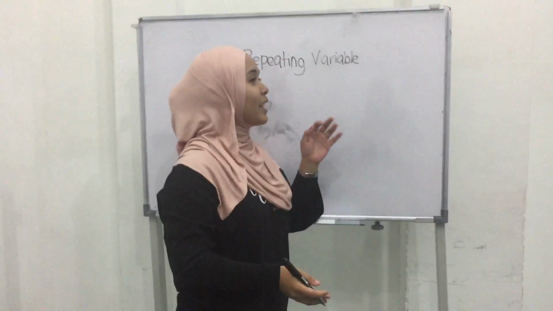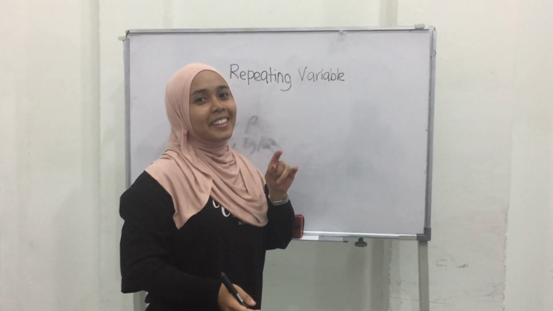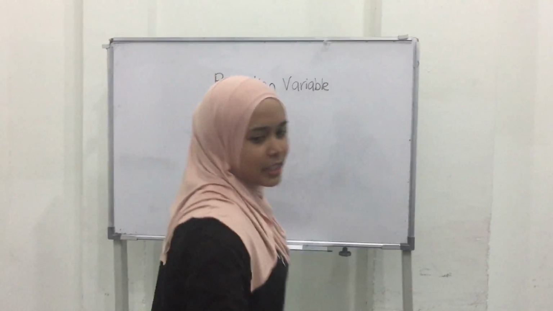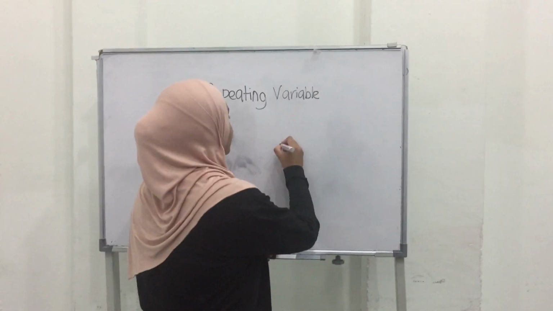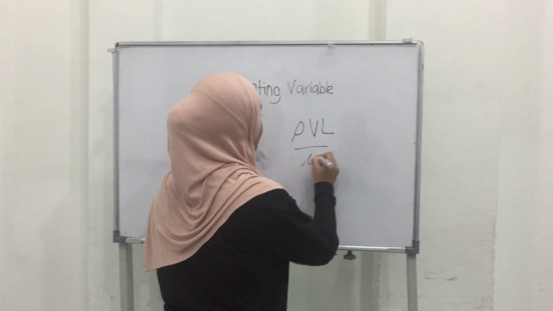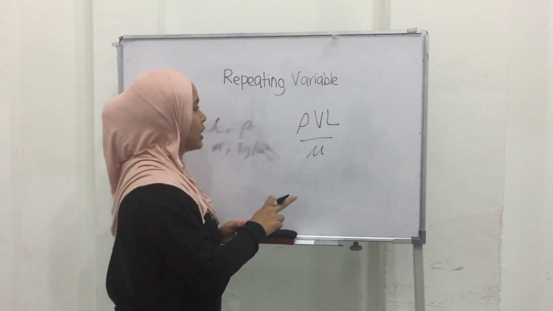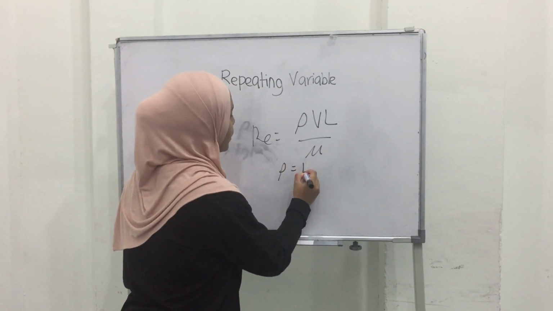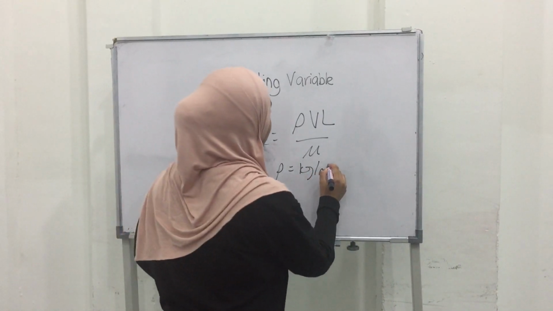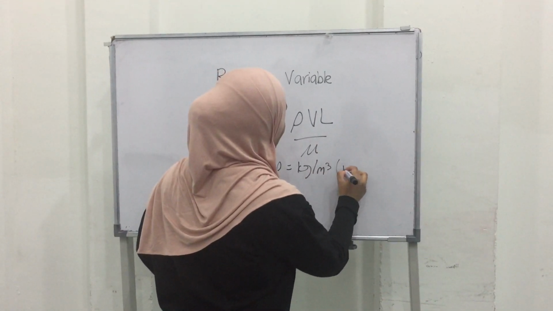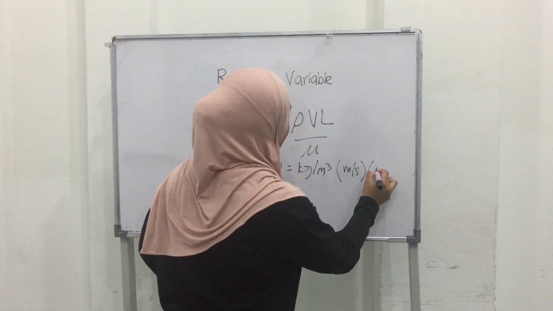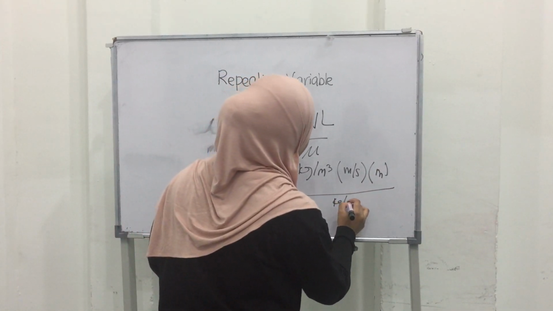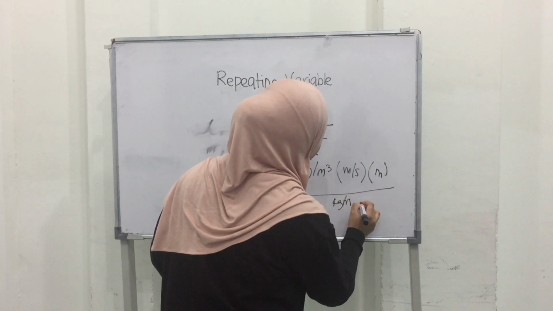Another example of repeating variable is the Reynolds number, which is rho V L over mu. In this Reynolds number, rho stands for kg per meter cube, V is meter per second, L is m, and mu is kg per m dot s.